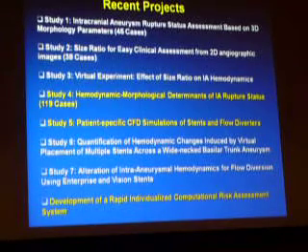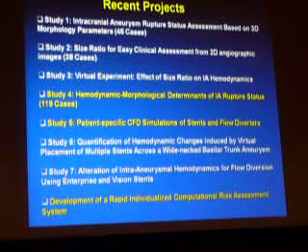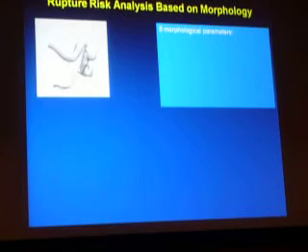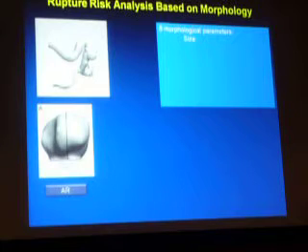Here are some recent projects that we've done in this direction. I will just touch upon three of them. They're related. The first study was done when Dr. Kim was at my lab, and he started this idea: based on morphology, see if we could develop some kind of metric that can eventually predict rupture risk.